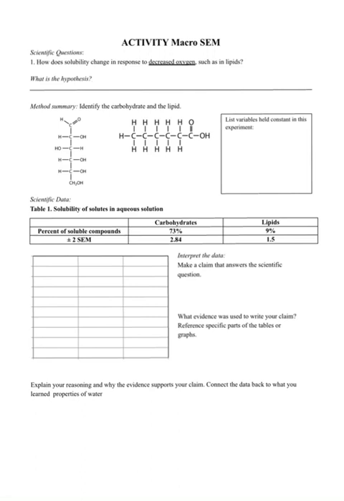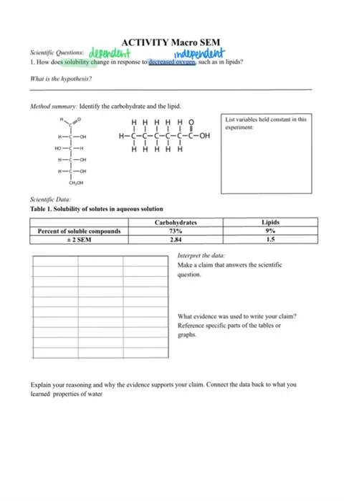We're looking at how solubility changes in response to decreased oxygen. So my solubility is going to be my dependent variable. The decreased oxygen, on the other hand, is my independent variable. That's what we're manipulating to see how it affects the solubility.